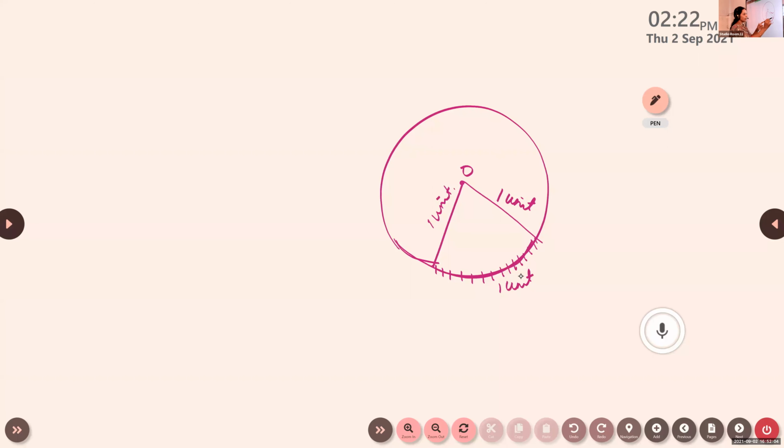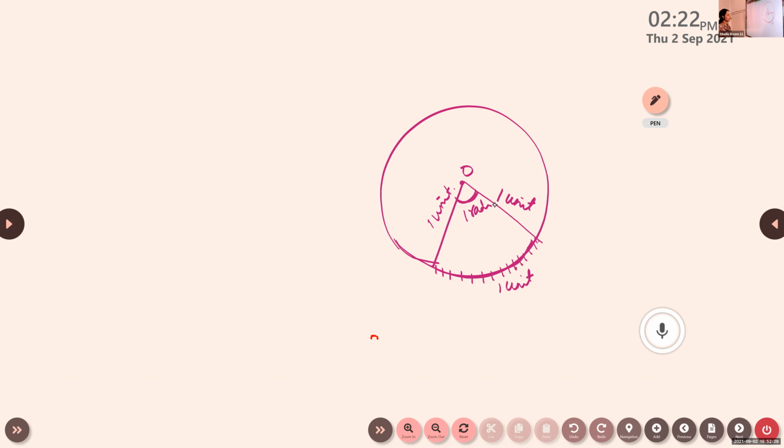This arc length will subtend an angle at the center, and that angle is called 1 radian. Is it clear? In the unit circle, you consider an arc of length 1 unit. This arc will subtend an angle at the center, and that is called 1 radian.